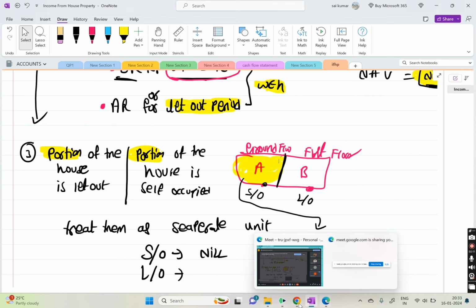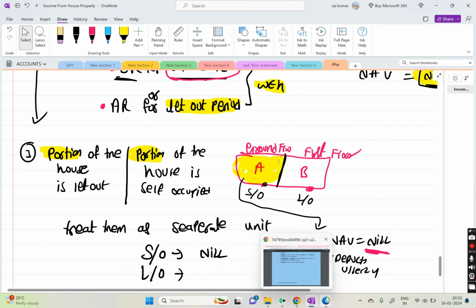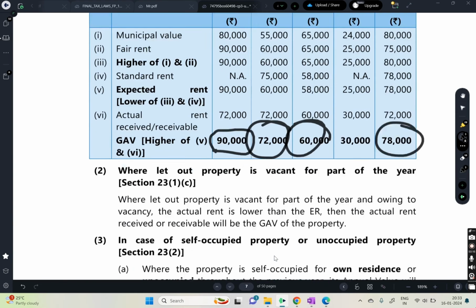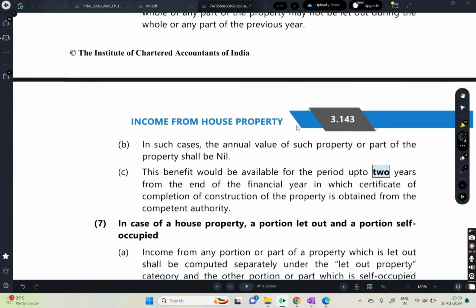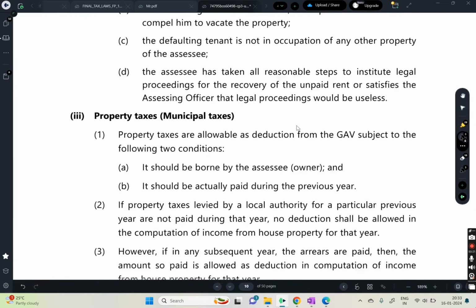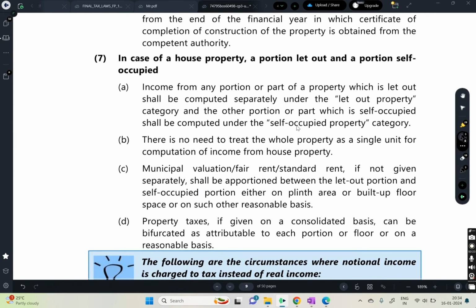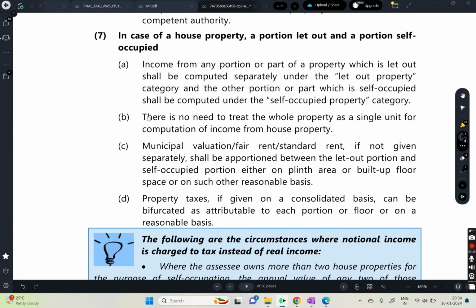So for the let out property, there is no need to treat the whole property as a single unit. We will do something called apportionment, based on some kind of plinth area or built up area. Let's say municipal tax paid is 10,000 rupees for the whole year.